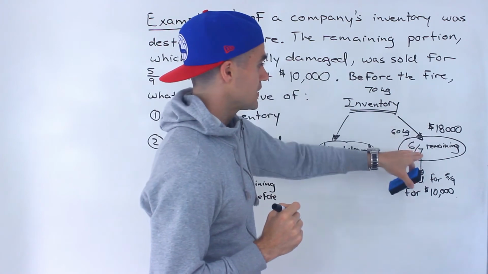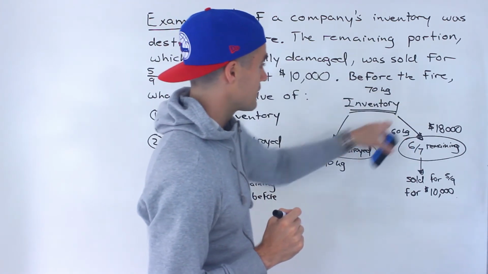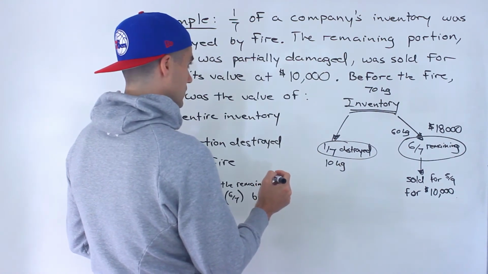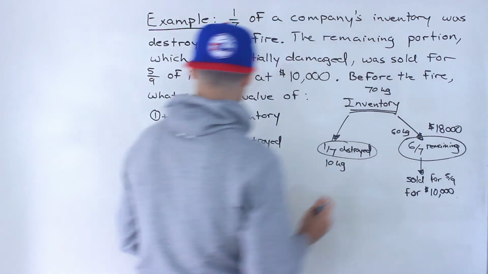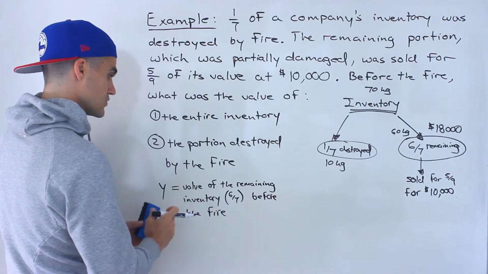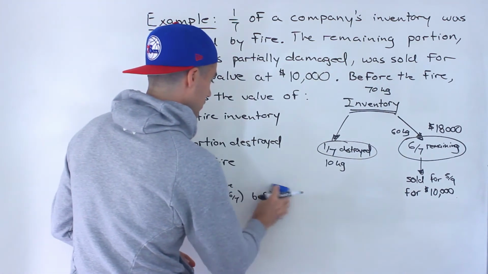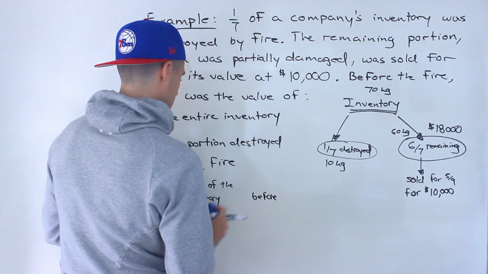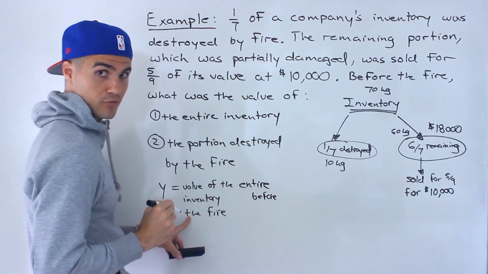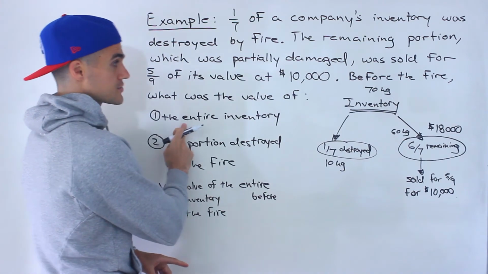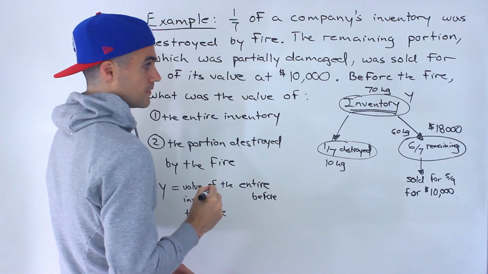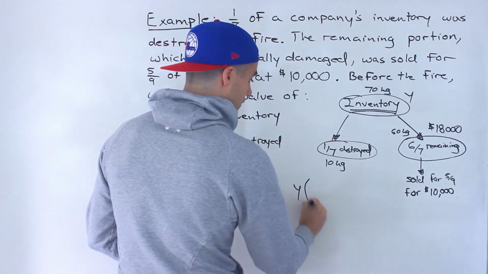Since we know 6/7, let's introduce another variable. Let y be equal to the value of the entire inventory before the fire. That's going to be the answer to number 1.